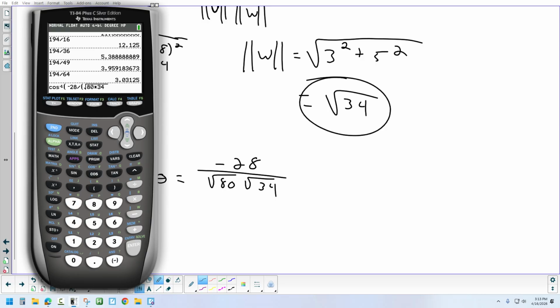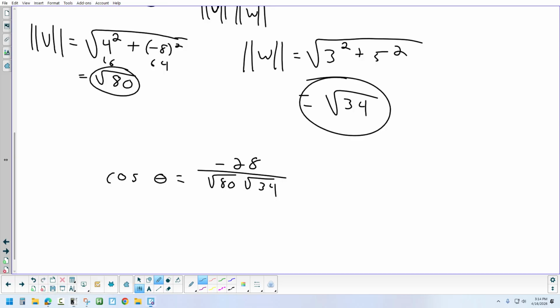It's kind of a shortcut. You can put both square roots together, and then if you do it that way, you don't need parentheses. I didn't show that in class, but it's just the property of combining two square roots. That gives us an angle of 122.47 degrees.